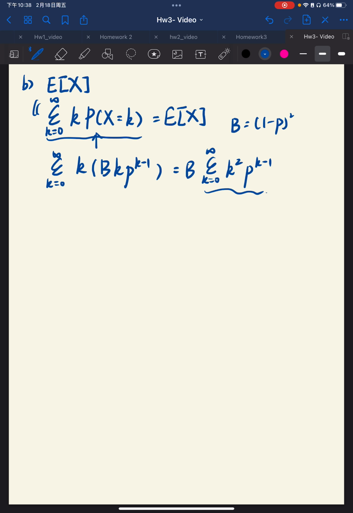As we already found before, the summation of k p^(k-1) equals 1 over (1 minus p) squared.